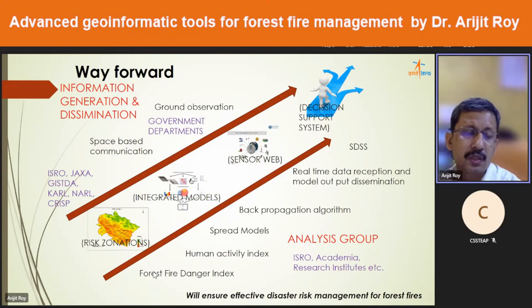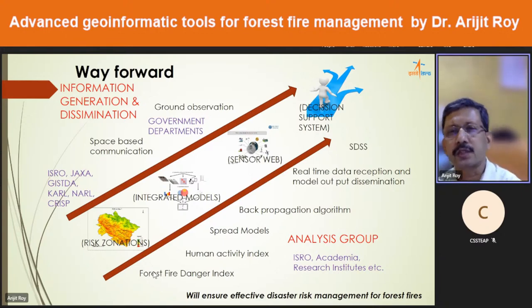So presently we have developed a forest fire danger index. We have developed the spread models. We are developing the back propagation algorithms. We also need to develop a human activity index, and all of them have to be integrated to provide the real-time data reception and model output.